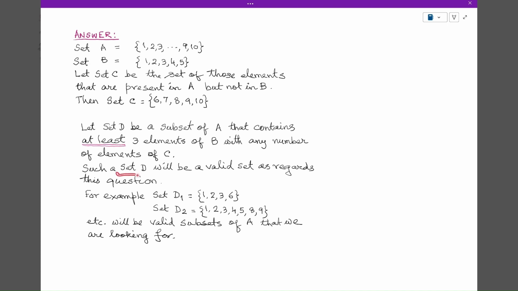Such a set D will be a valid set as regards this question.